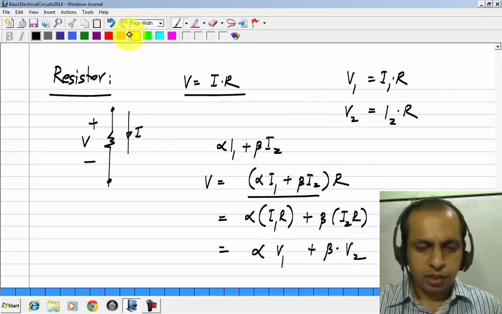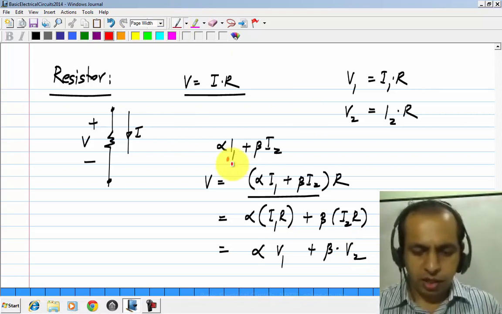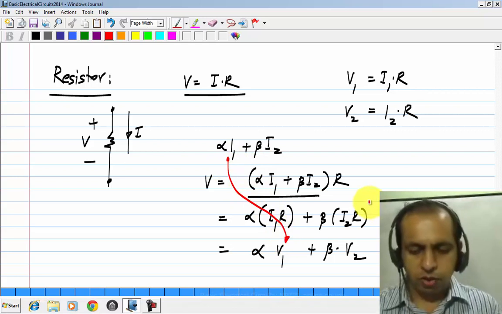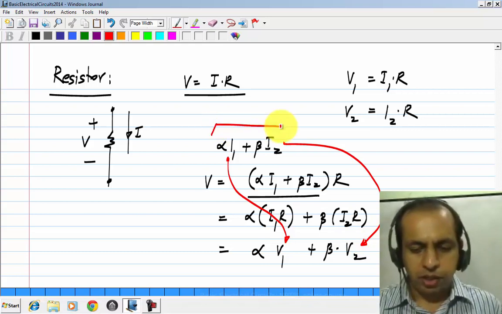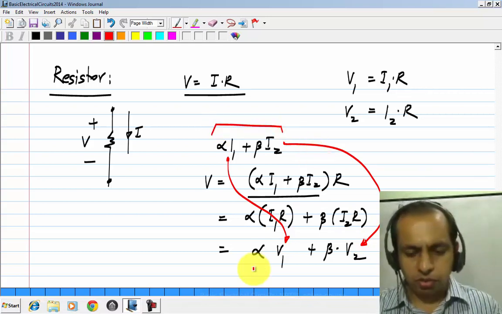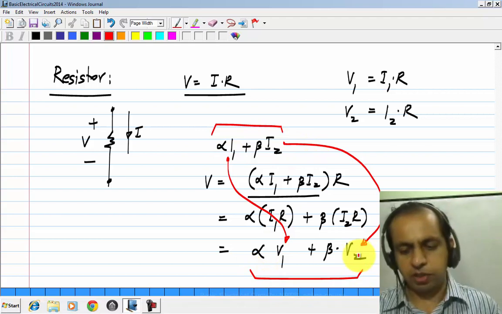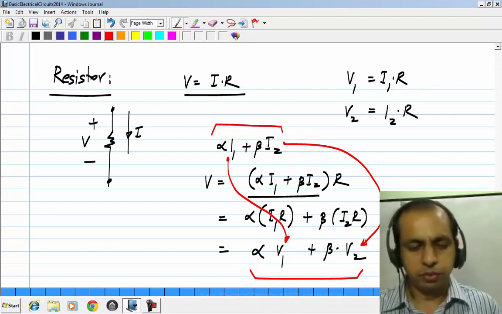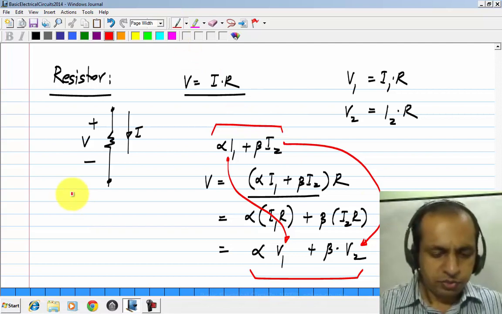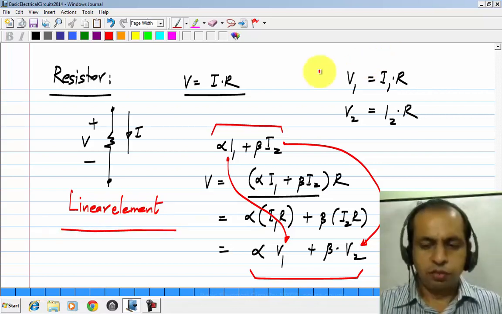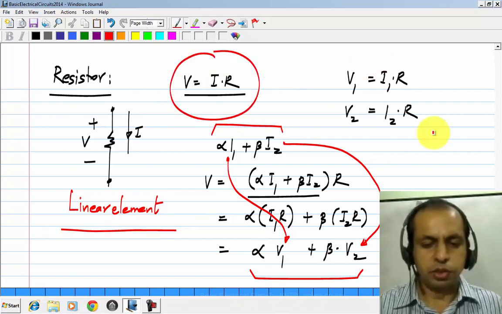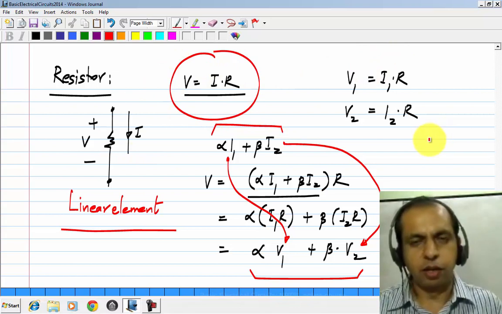That is, if we applied a current I1, we would have got a voltage V1. If we applied I2, we would have got V2. So if we apply a linear combination alpha I1 plus beta I2, we will get the same linear combination of responses alpha V1 plus beta V2. So a resistor is very much a linear element. If you have a relationship that shows proportionality like this, it's a linear element.